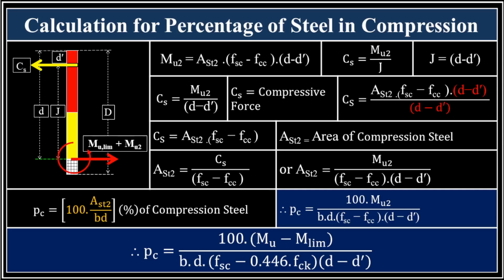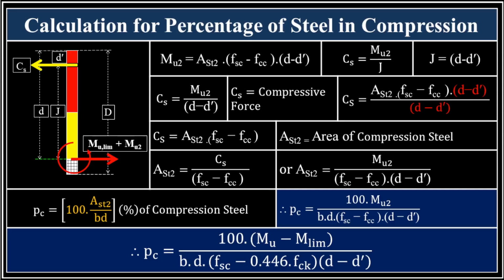And then, substituting Mu2 as the difference between the total ultimate moment Mu and the limiting moment of the singly reinforced section Mu lim, we arrive at the final, comprehensive formula for PC.